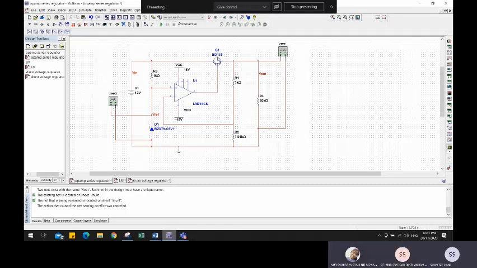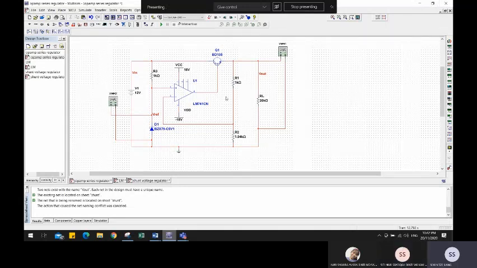Also the BD135, connected to 4 resistors R1, R2, RL, R3, and a power supply. To look at the Vout, we connect a multimeter, and the reference will also connect to a multimeter.